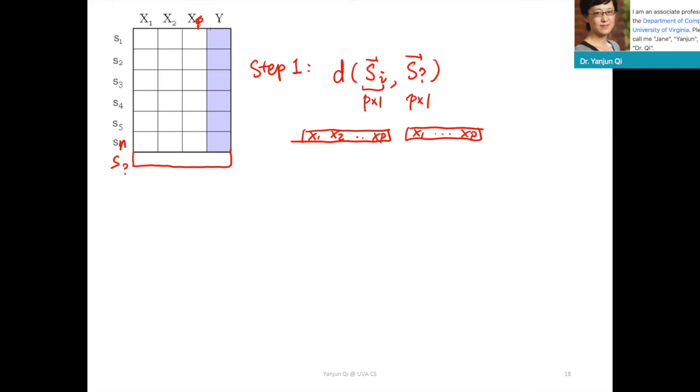The cost to calculate that distance, not versus all the n samples, just a pair: my S question mark sample versus a sample S1. So it's O(p), because no matter whether it's inner product or Euclidean distance, you normally need to do a calculation among feature and feature. You have a total of p features, whether it's minus and take a square, or multiplication, and you take a summation over all the values.